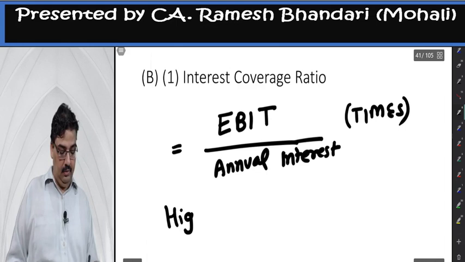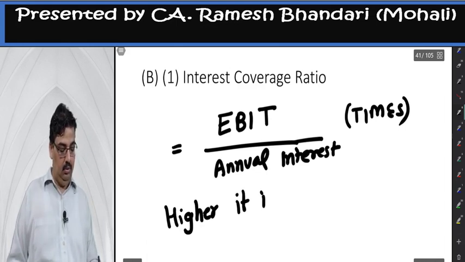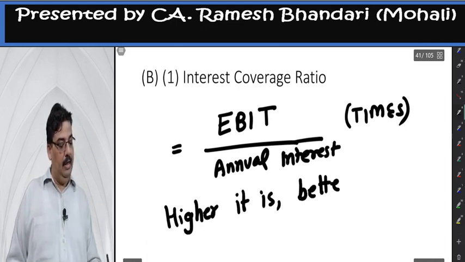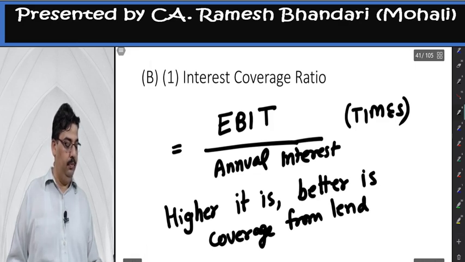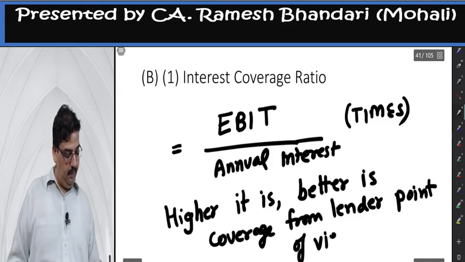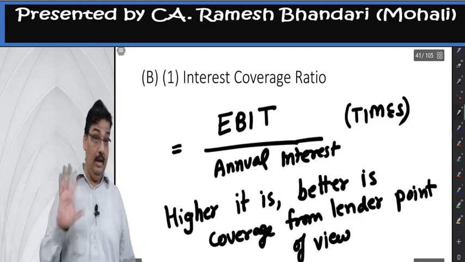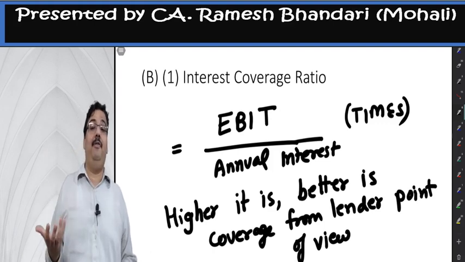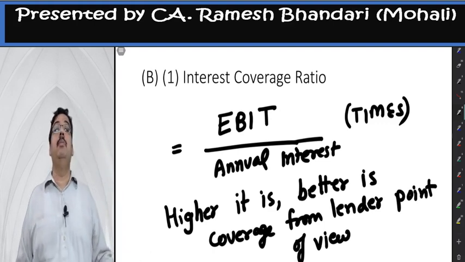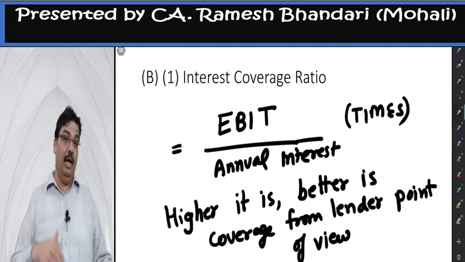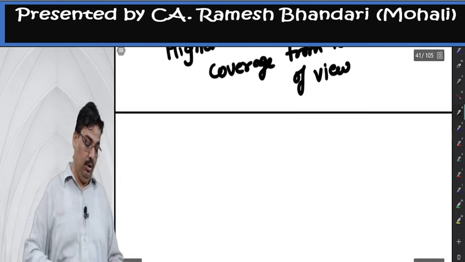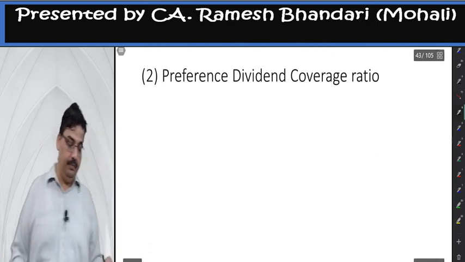The higher it is, the better is the coverage from the lender's point of view. The lower it is, you are feeling unsafe as a lender, whether they will be able to meet my interest obligations in the next years or not. If EBIT declines, what will happen? So this is a ratio which is talking of coverage from that angle.